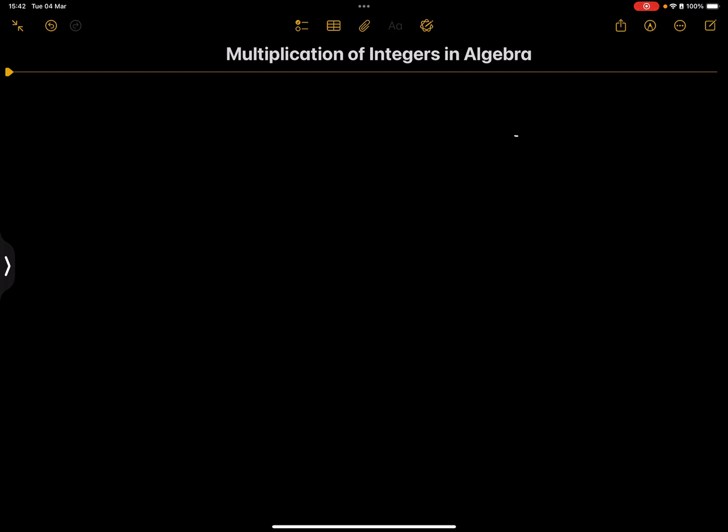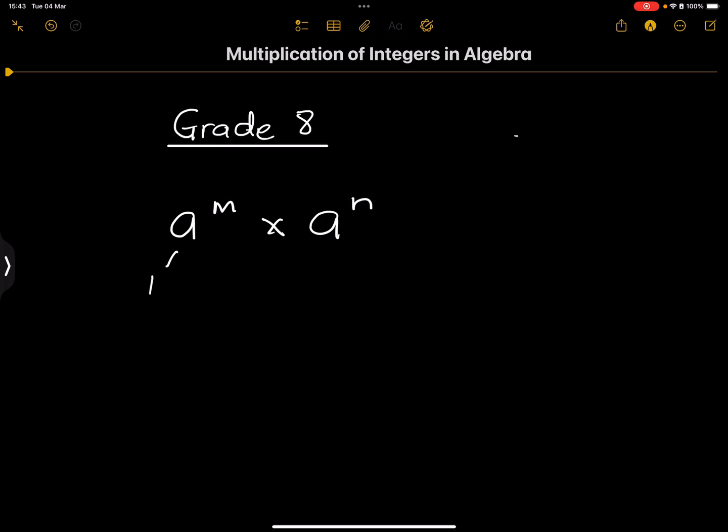Right, now firstly, let's just recap on what we did in grade 8. You'd remember in grade 8 we spoke about exponents. We said if you've got bases that are the same and you are multiplying, we call this a base, and we call this an index, or an exponent.